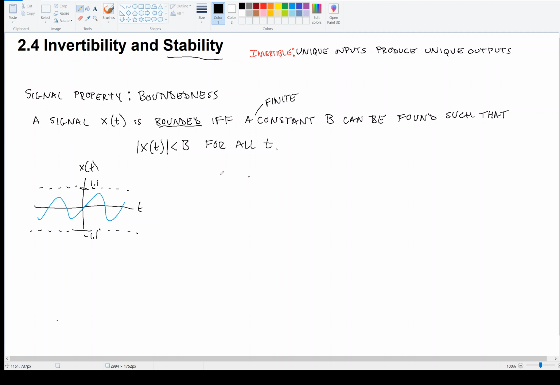A signal that's not bounded, for example, is 1 over t. That signal looks like this. You cannot find a value for b to squeeze this graph, because this goes to infinity up here, so you cannot find a b to squeeze the graph like we squeezed it over here.